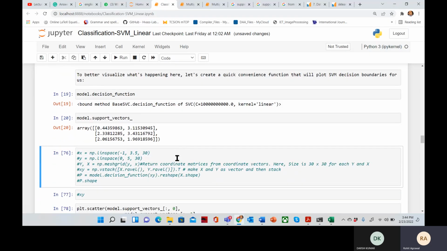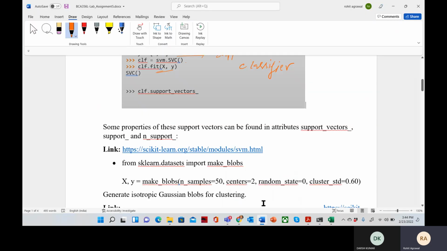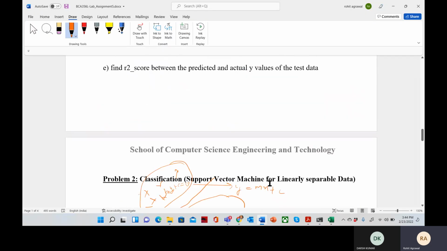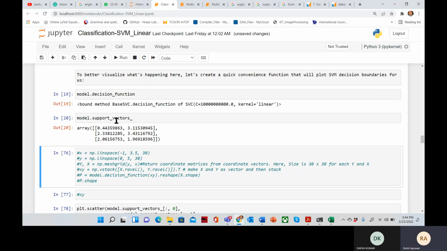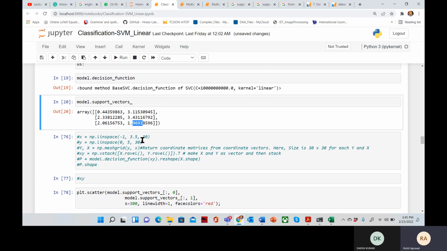These are the data points on the decision boundary. That means suppose you have this boundary, then these are the points on this boundary. So these are the support vectors. Here you can see the x value and the y value. So there are three support vectors in your case.